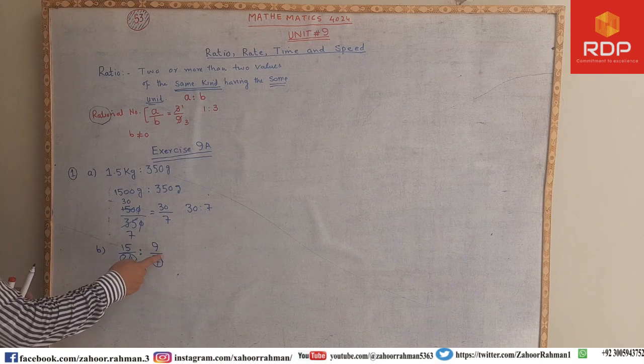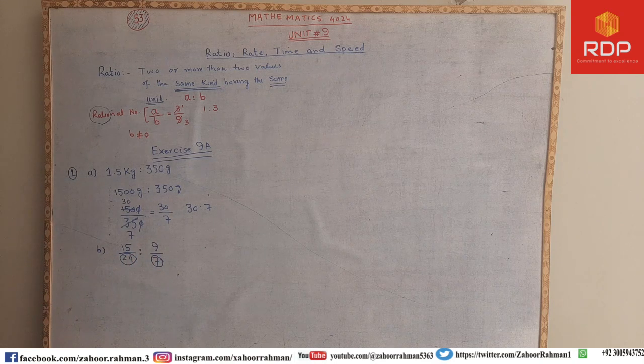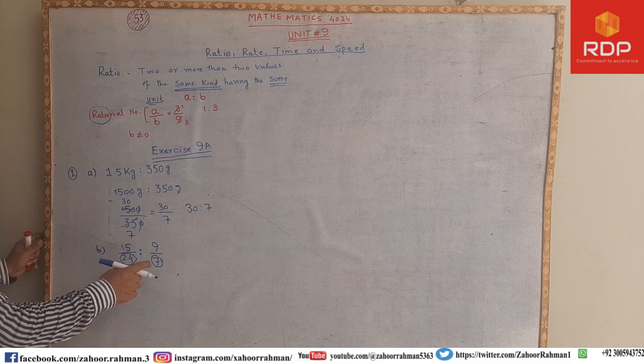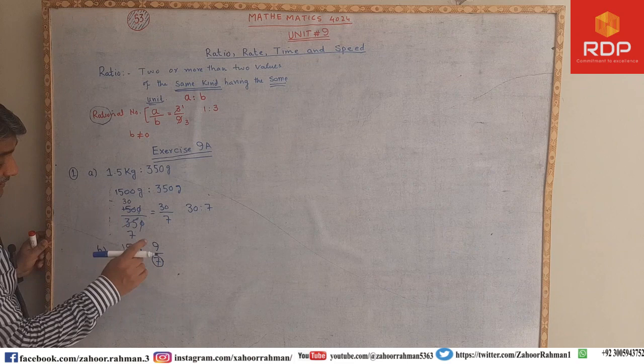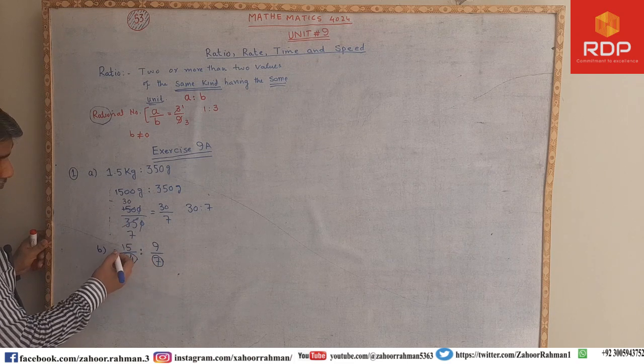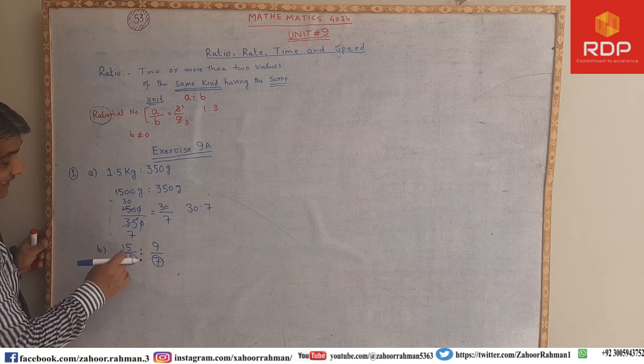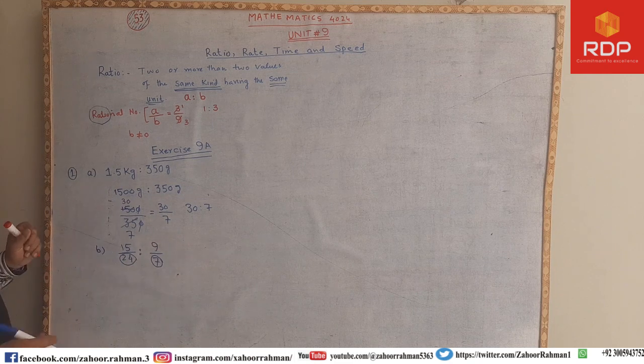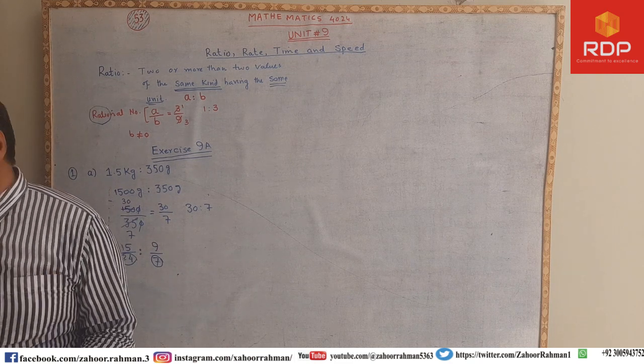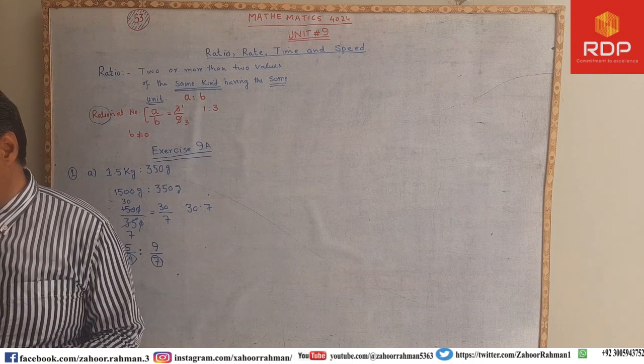We have to remove this denominator portion. So for that we have to find the LCM of these two numbers, and then in the next step we have to multiply that LCM on both sides.